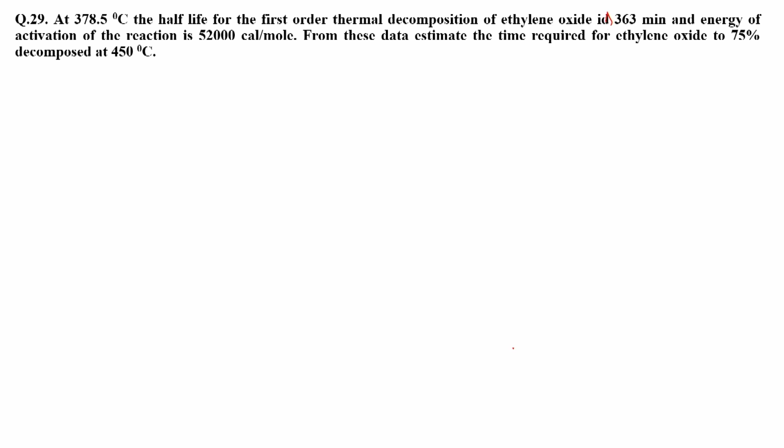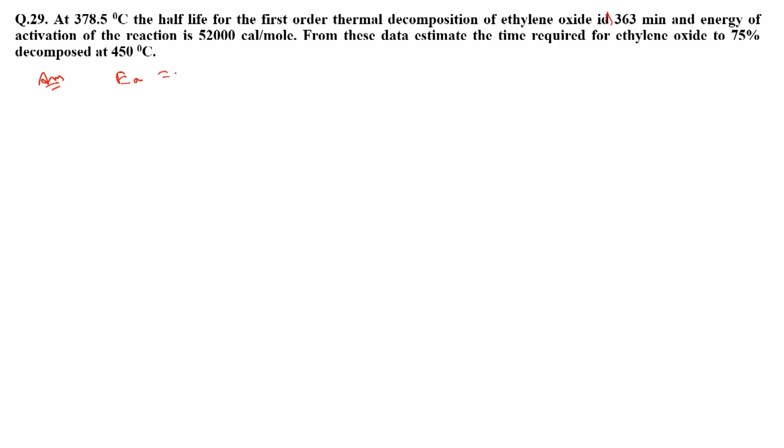So, from this data, estimate the time required for ethylene oxide to be 75% decomposed at 450 degrees Celsius. So, we need to calculate the rate constant at 450 degrees Celsius from the value of EA and other data. Okay. So, EA is given.